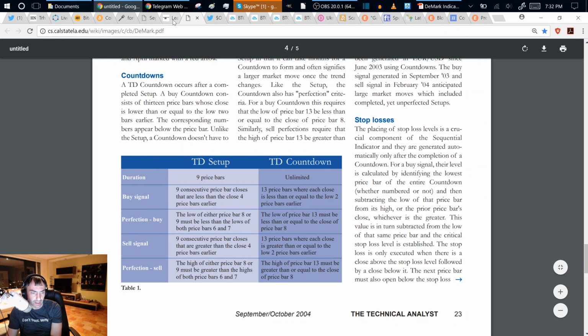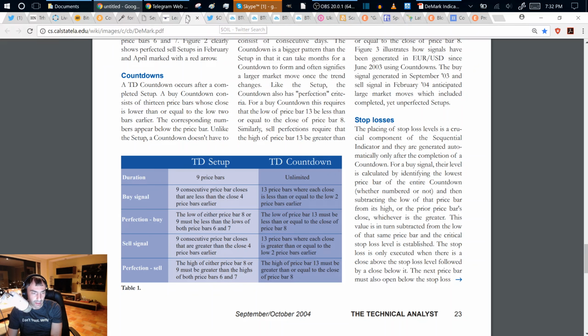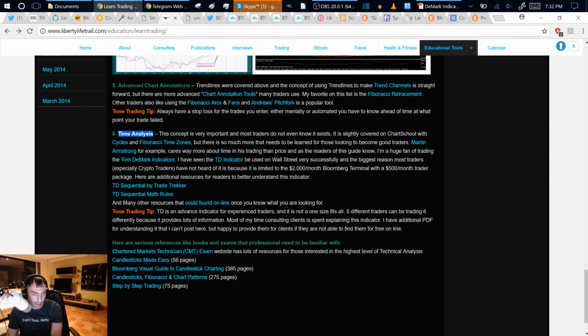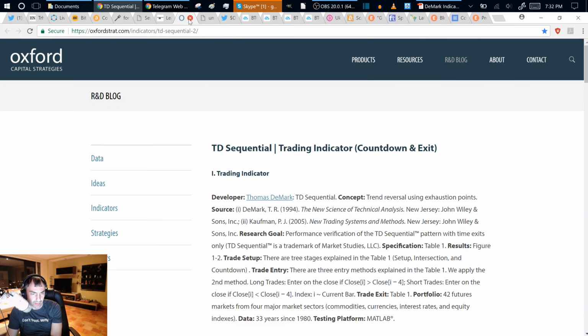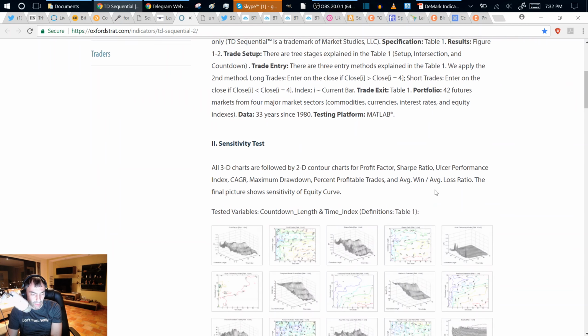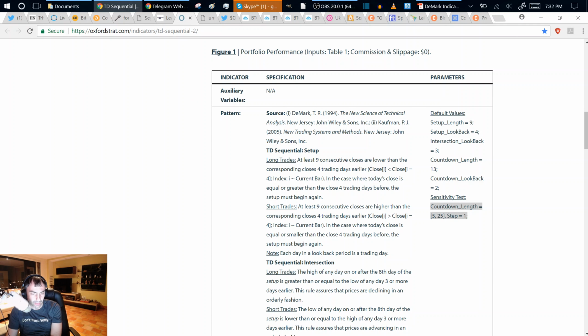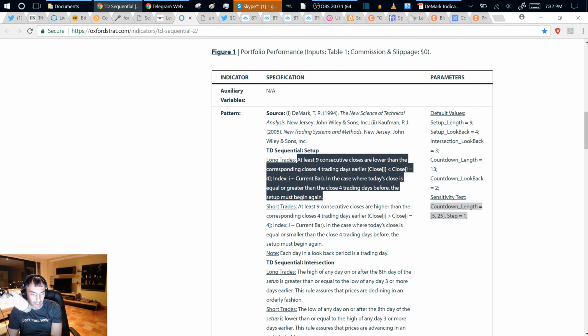Another good article is the TD sequential math rules. You want to take a look at that one as well, which is a quick overview of the very simple math.